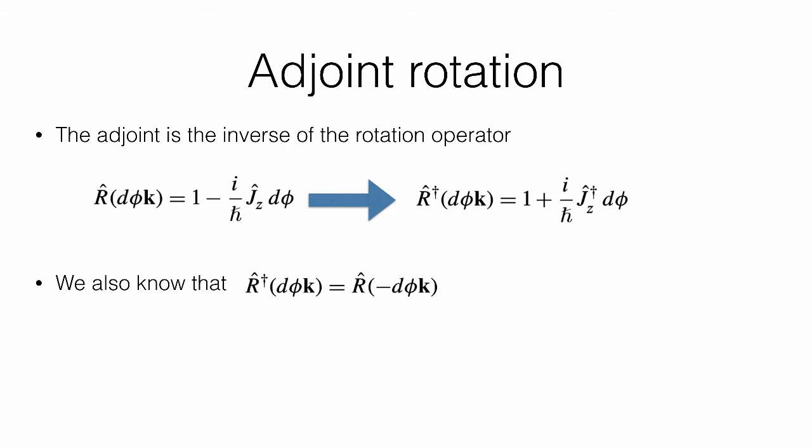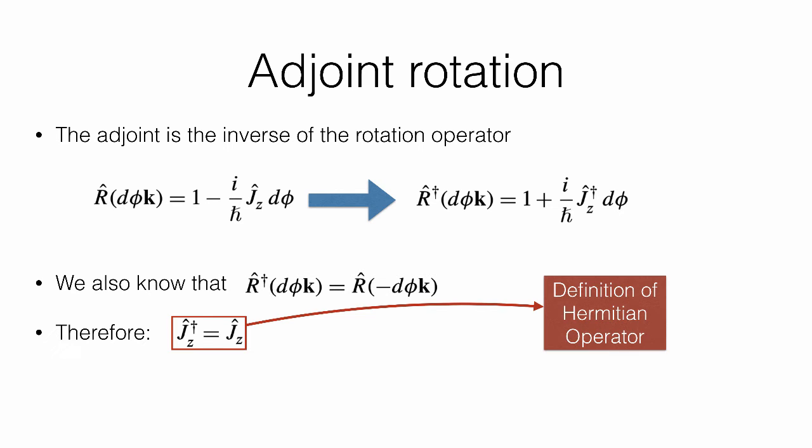So we are doing pretty well. If we impose this, and replace d phi by minus d phi in the top left equation, we find that the only way for this to be true is for Jz dagger to be equal to Jz.